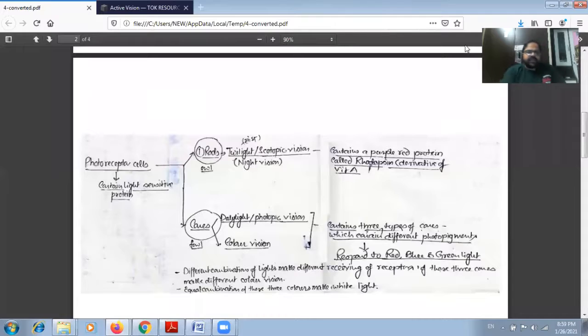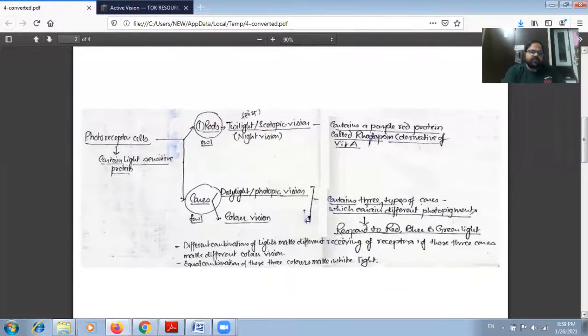By this slide we can see that the photoreceptor cells contain light sensitive protein, and these light sensitive proteins receive the light. When we are talking about the types of cells, there are two types of photoreceptor cells. One is called rod cells and another is called cone cells.